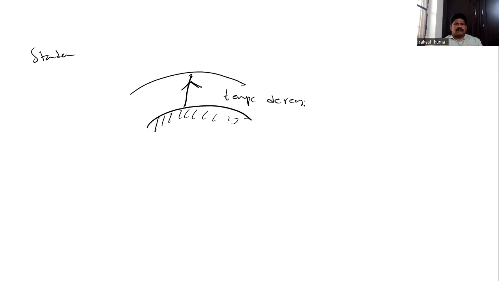Temperature decreases means this is nothing but standard atmosphere. Standard atmosphere means as the height above the earth surface increases, the temperature decreases.